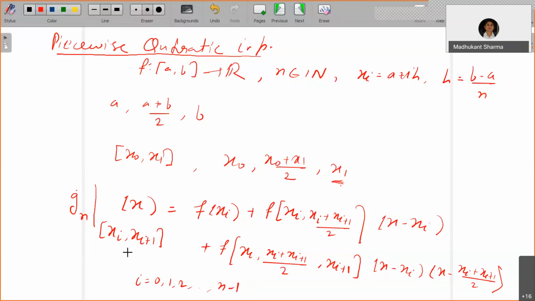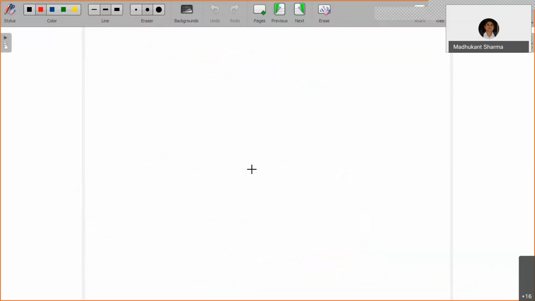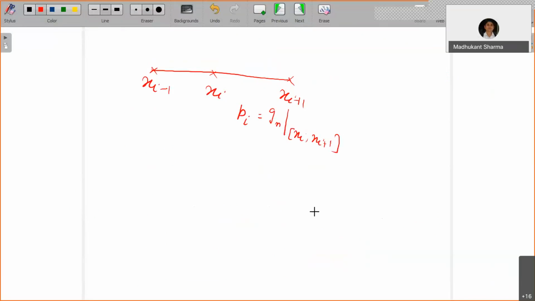What you need to worry about is the endpoint. Because of the nature of this polynomial, you can verify whether G_n is differentiable at x_(i+1), x_i, or x_(i-1). Here you have the intervals x_(i-1), x_i, and x_(i+1). Let p_i be G_n restricted over the interval x_i to x_(i+1), a polynomial of degree less than or equal to 2.